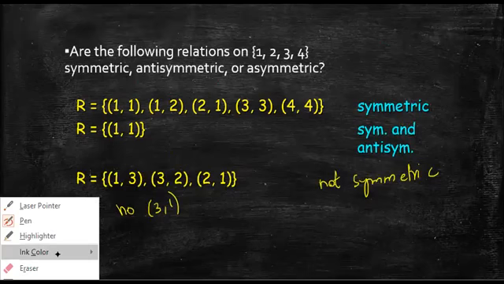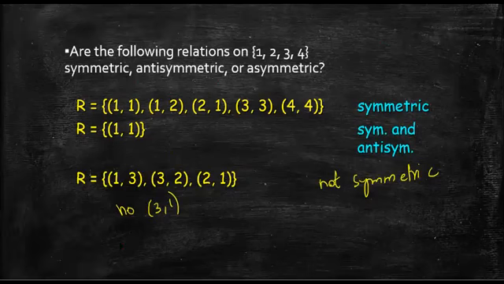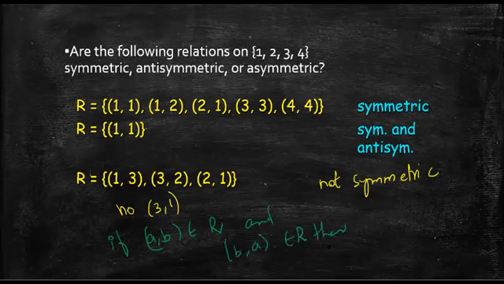Now what about antisymmetric? For antisymmetric, if A comma B belongs to R and B comma A belongs to R, then A is equal to B. I'll show you in a moment why I am writing this entire thing.